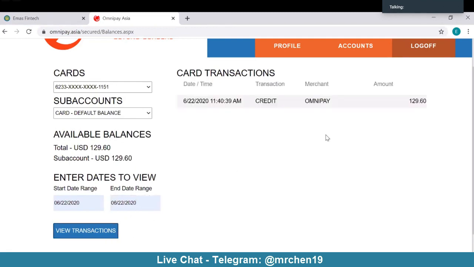You can see here, just now I showed you 22nd of June, 9:41. So my withdrawal time, the money I received, 11:40. That means about 2 hours I received the money. The amount here is 129 after minus the 1.5 fees. It's super fast. Great, it's 1 hour and 59 minutes. Yes, correct.